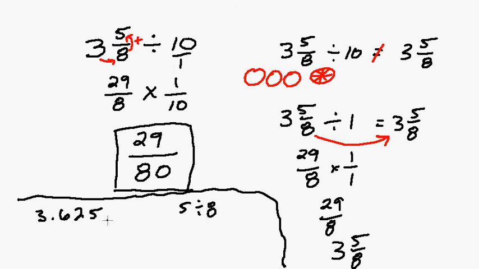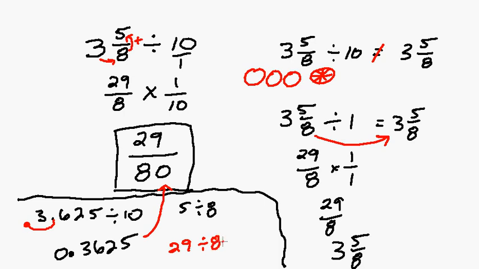You can maybe see that in a different video. And you divided that by 10. All you do is move the decimal over one place this way when you divide by 10 with a decimal. So the answer would be 0.3625, which must be equivalent then to the fraction 29 over 80. And if you want to see if it is, take your calculator and punch in 29 divided by 80 equals, and it should say that decimal.